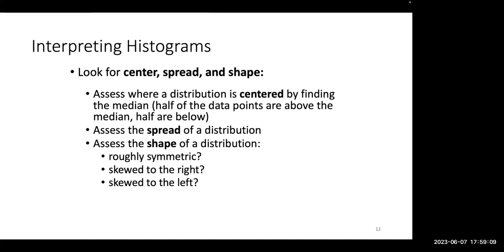The interpretation of a histogram essentially always follows the same outline. You look for a center, you look for a spread, and you look for a shape. The center is either the median, which demarcates the half of the data, so this is the middle score. Greater than the median, that's 50%, smaller than the median, that's another 50%.